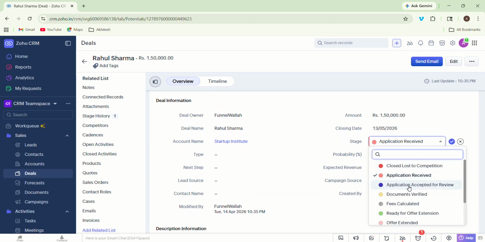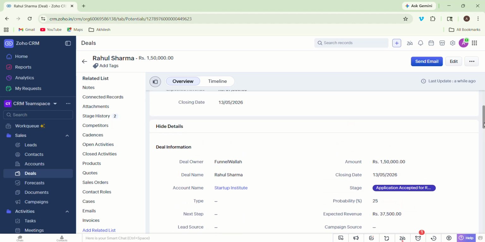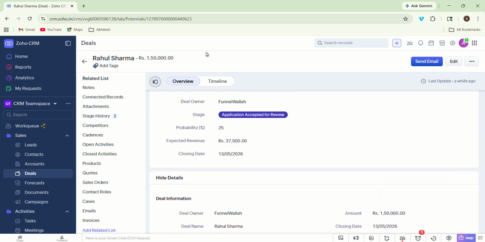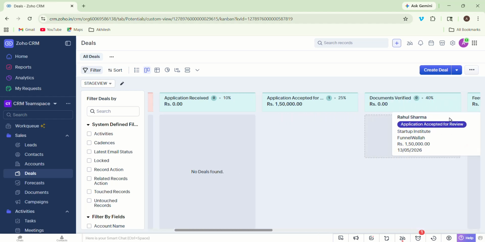So basically now accepted for review, and we save it. It went to 25% probability at 37,500. The forecast updated in real time. Method two is drag and drop in stage view. So basically you go back, and then you just drag it to the next stage.